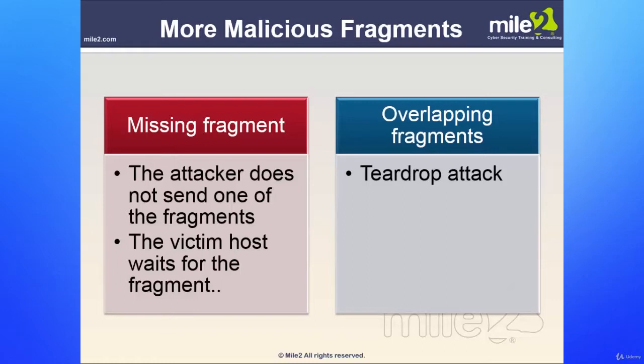We also have overlapping fragments, and basically, as I mentioned before, it's called the teardrop attack. In IDS evasion techniques, you craft a series of packets with TCP sequence numbers that are configured to overlap. So let's say the first packet includes 80 bytes of payload, but the second packet's sequence number is 76 bytes after the start of the first packet.